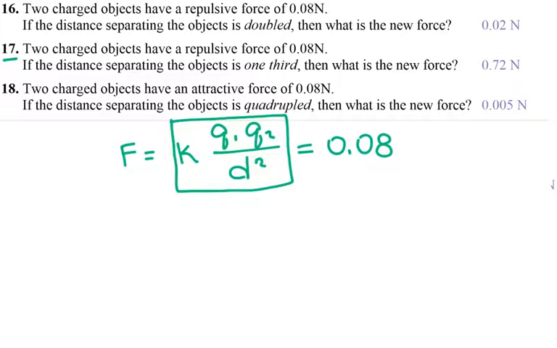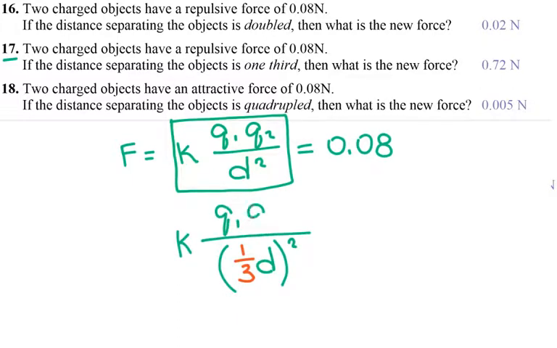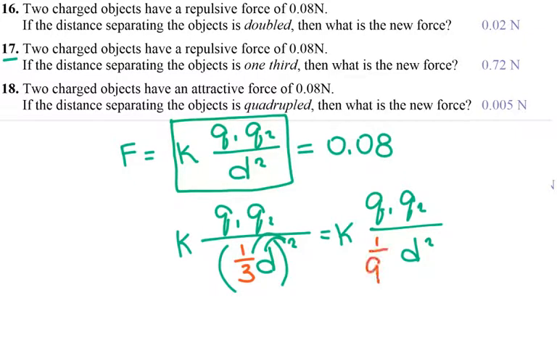The new change that appears is the distance. The distance is actually now 1/3 of the one that used to be. So it's 1/3 of it, and then it is squared. I still have K, Q1, Q2, and still distance squared, but when I square, I have to square both of those. What I get is 1/9.